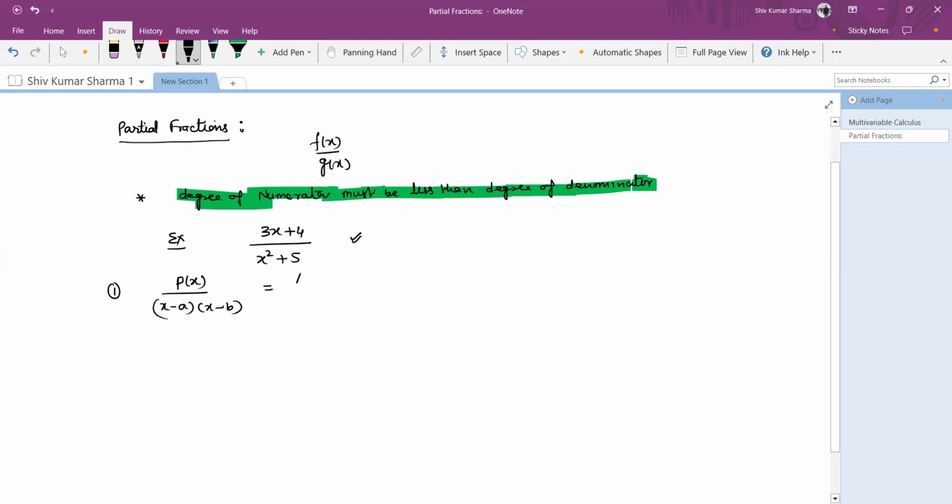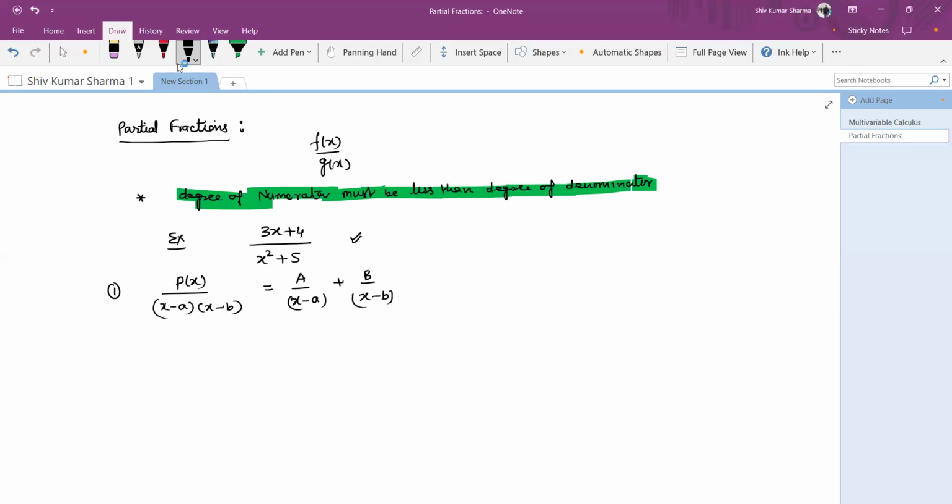We can consider this as equivalent to a upon x minus a plus b upon x minus b. So the function p(x) upon (x minus a) into (x minus b) can be written equivalently as a upon x minus a plus b upon x minus b.